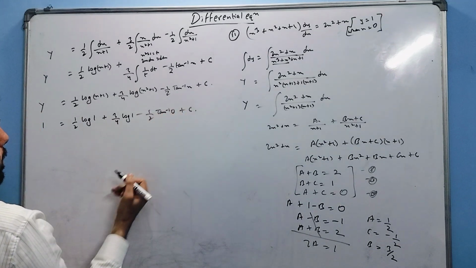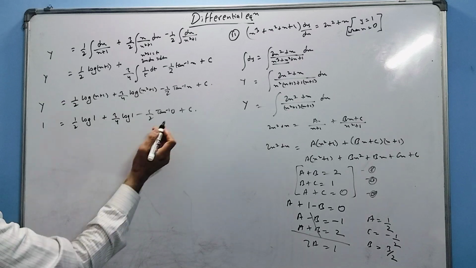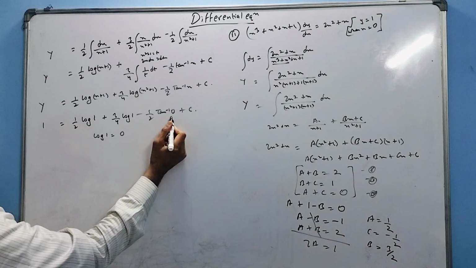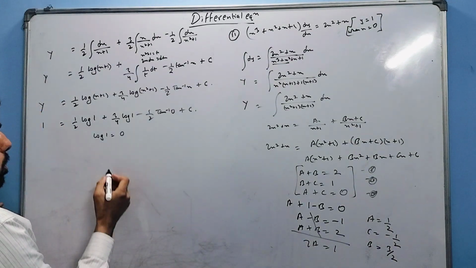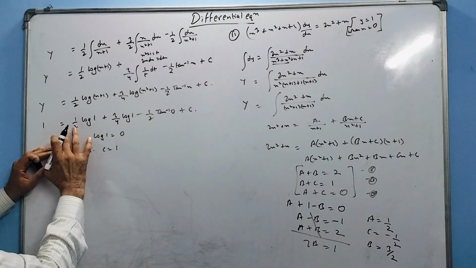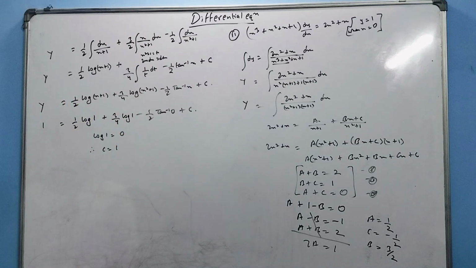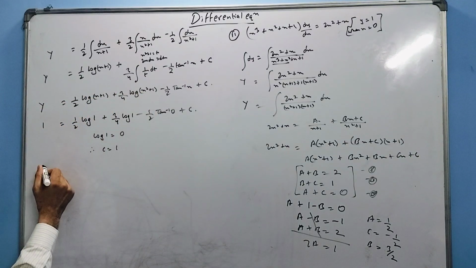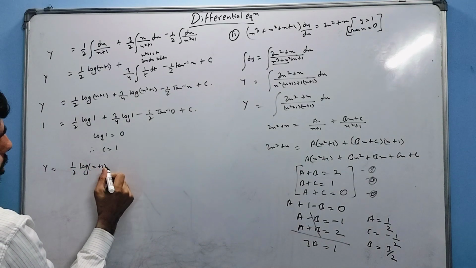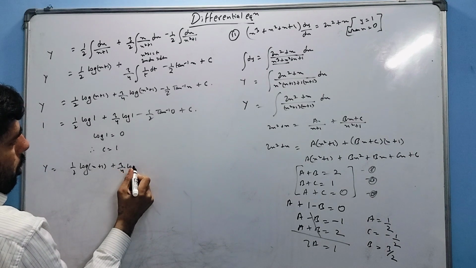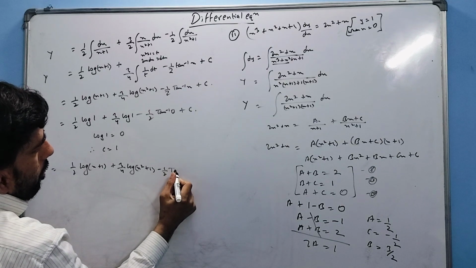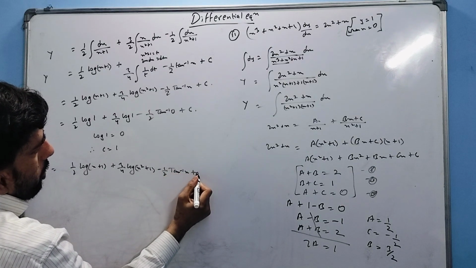Log 1 is 0 and tan inverse 0 is also 0, so we get c is equal to 1, because all this becomes 0. Now I can put the value here. So I get y is equal to half of log x plus 1 plus 3 upon 4 log of x square plus 1 minus half of tan inverse x plus 1.